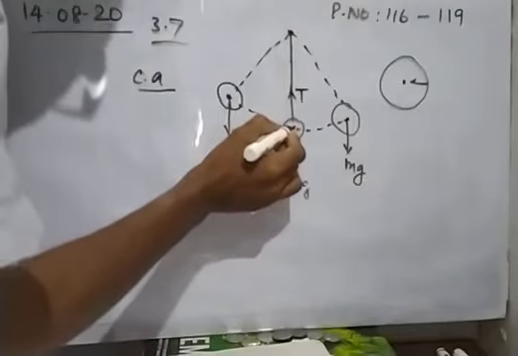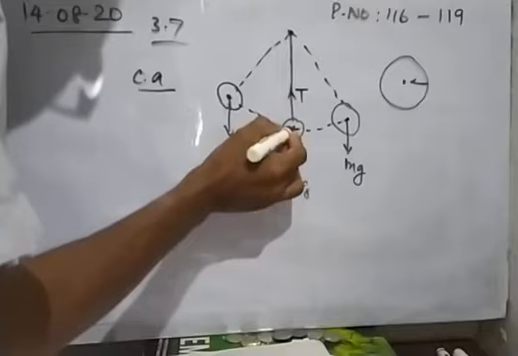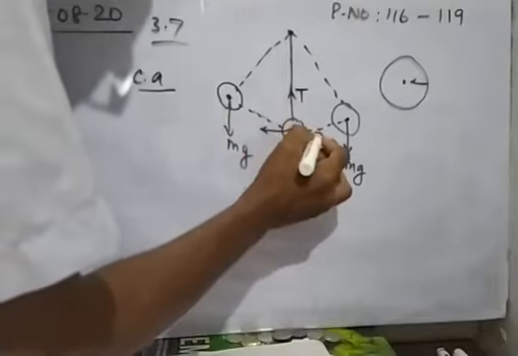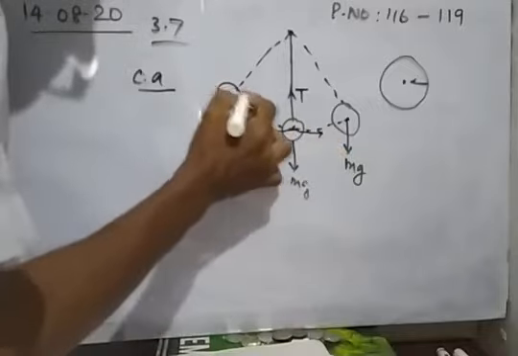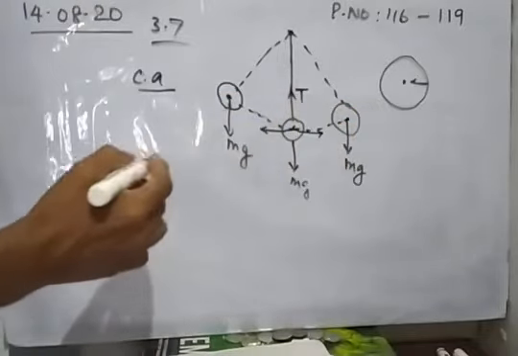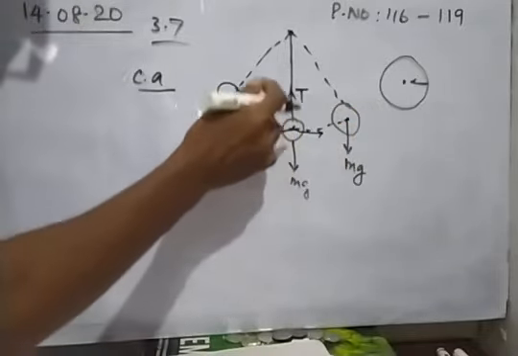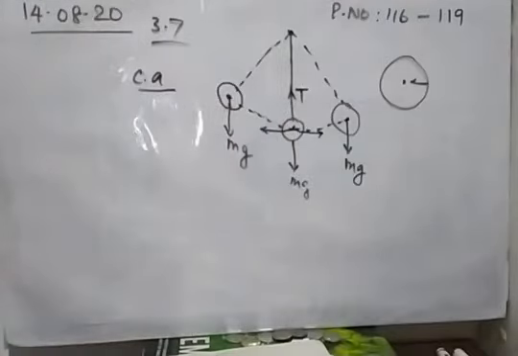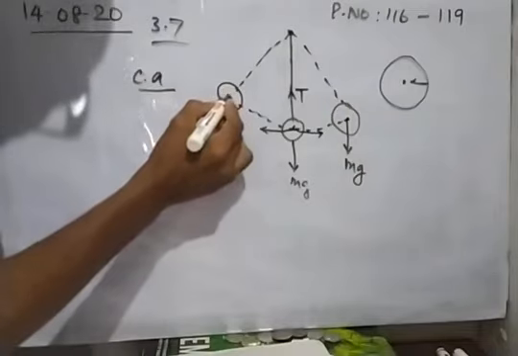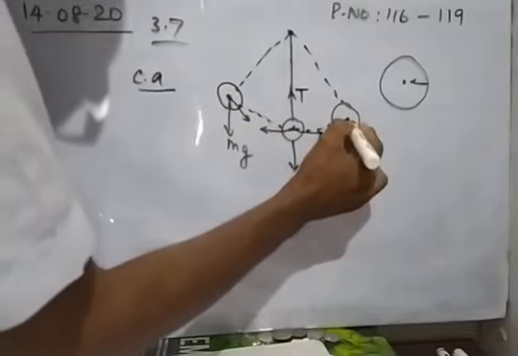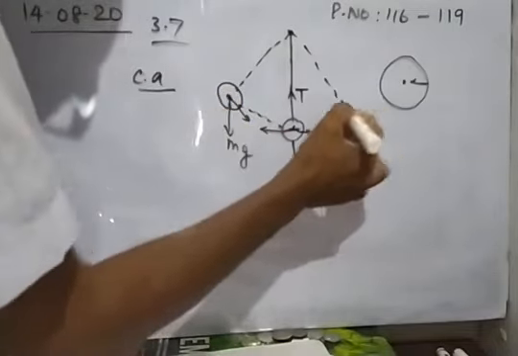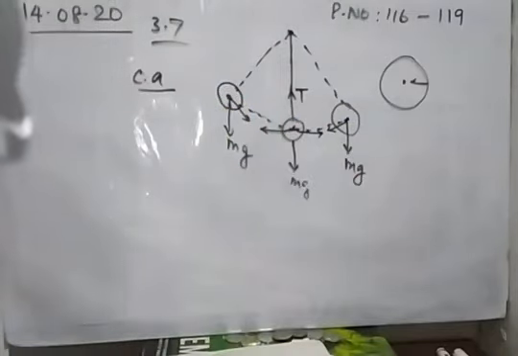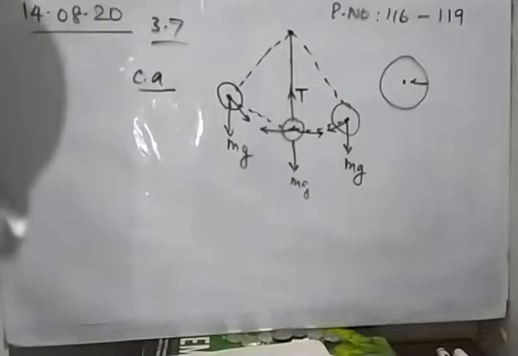Therefore, the velocity changes for different positions of the bob, so there must be a tangential acceleration. The velocity is along the tangential direction like this.